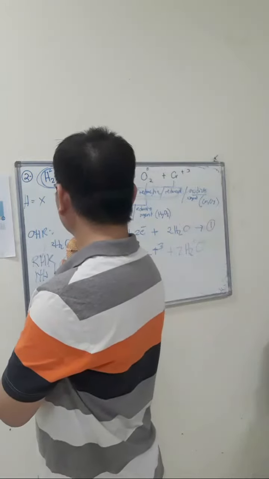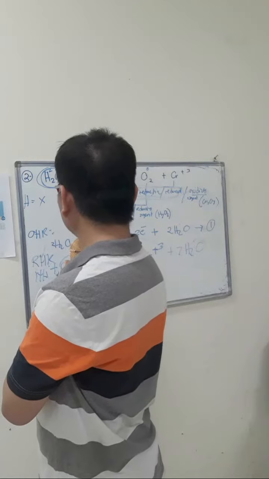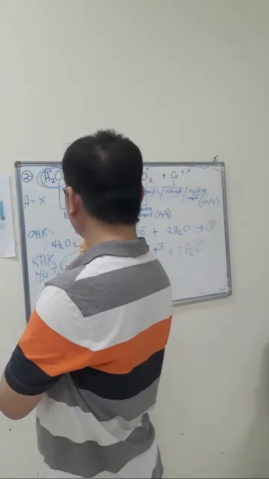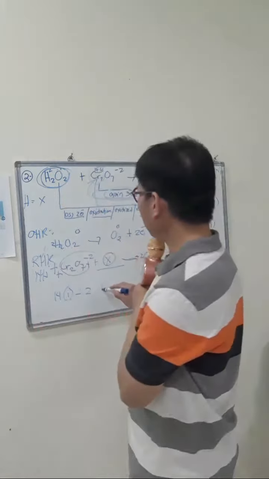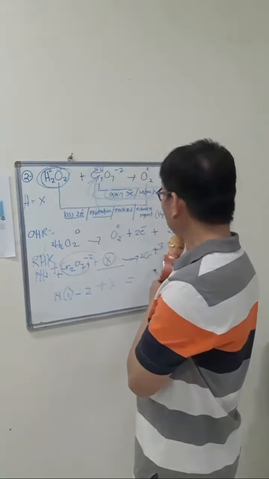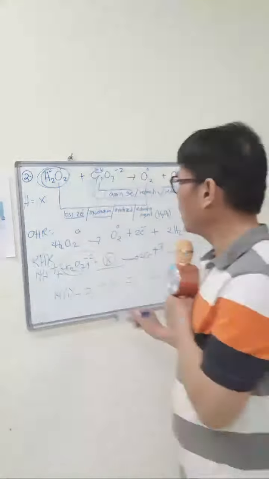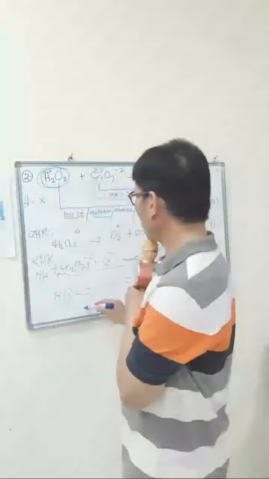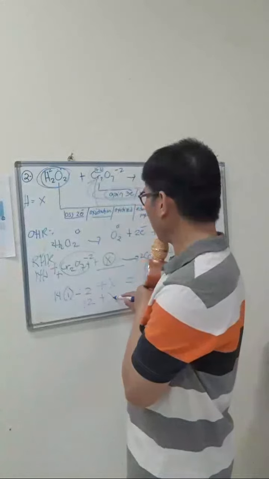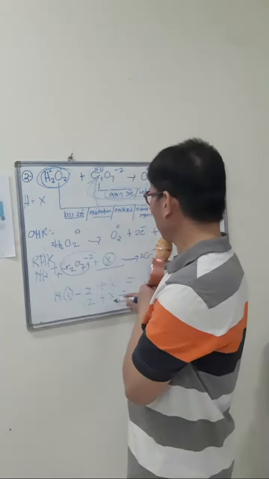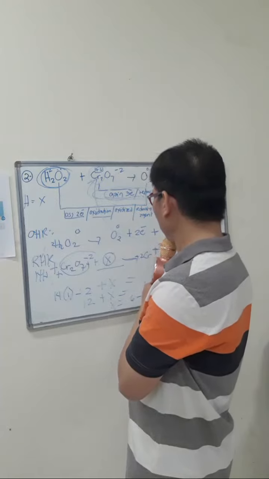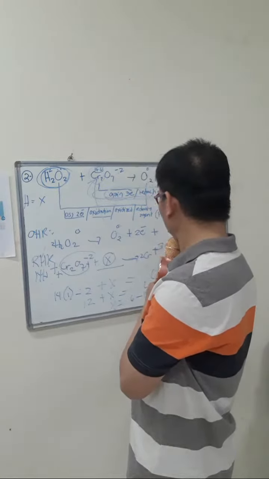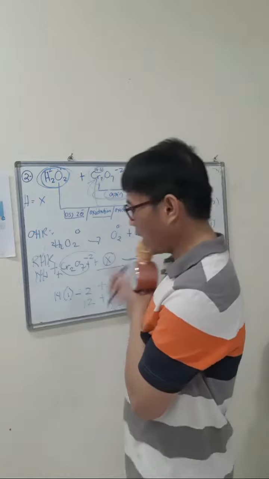Then balance the charge. 14 times 1, negative 2, plus x, positive 6. 14 minus 2 is 12 plus x is equal to 6. So x is equal to 6 minus 12. Therefore, 6 electrons. Your x will be 6 electrons.